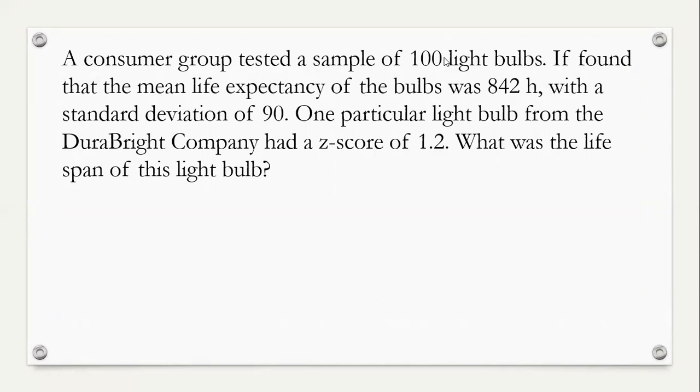So as you can see from the problem, you have a sample of 100 light bulbs, mean life, which is 842, and the standard deviation of 90. The company's bulb had a z-score of 1.2. So meaning we need to find the lifespan.